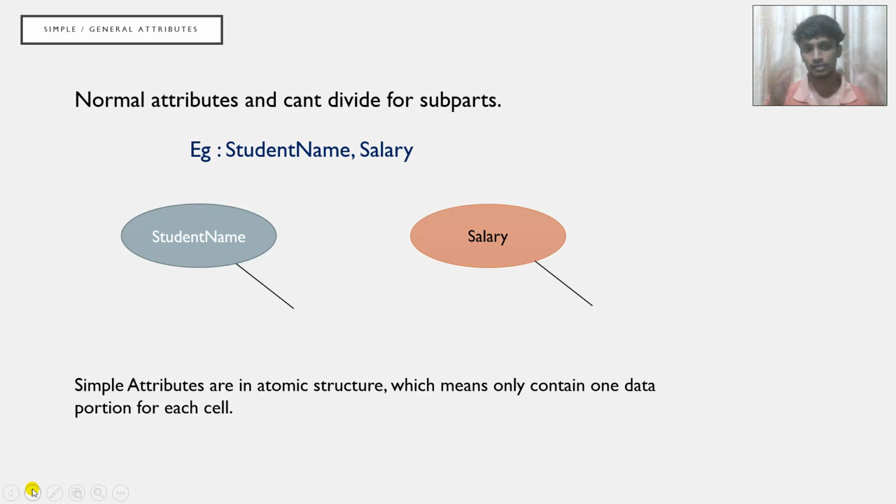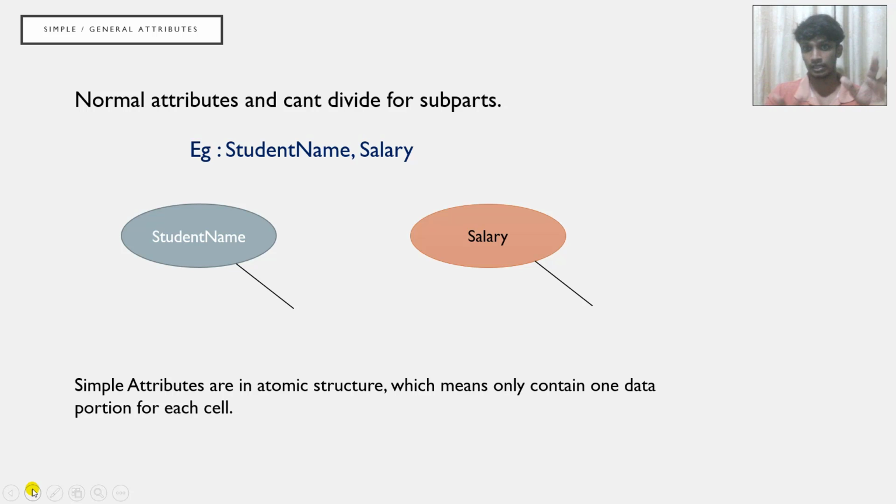If we consider the student name as an attribute, it's just a student name. You can't divide it into any phases. Salary is also a bulk attribute. You can't divide it into more parts.